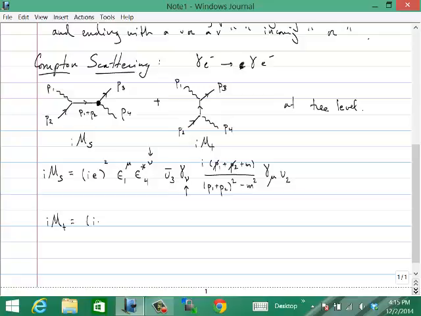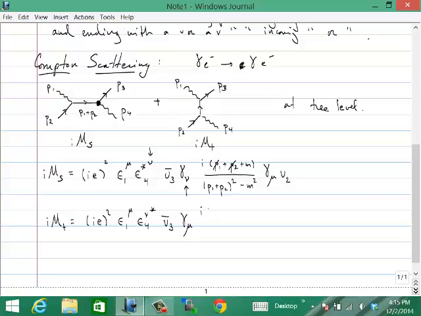And the t-channel diagram is going to be very similar. So you'll again get an epsilon 1 mu, epsilon 4 star nu. You'll have a u3 bar. But here we need to contract the indices slightly differently. So you get a gamma mu because the electron with momentum p3 meets the photon with momentum p1.